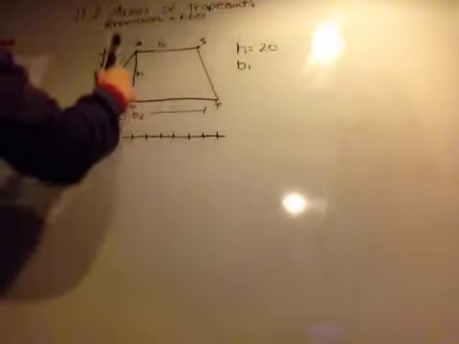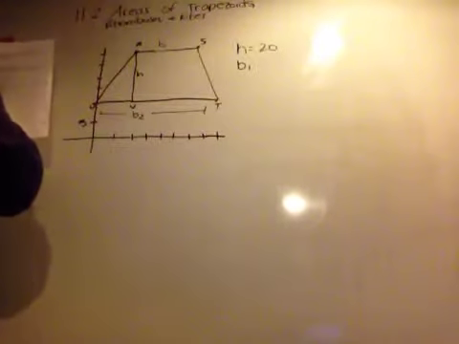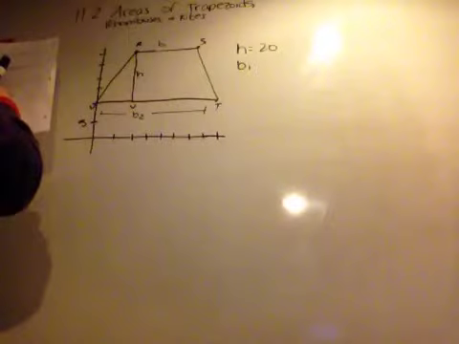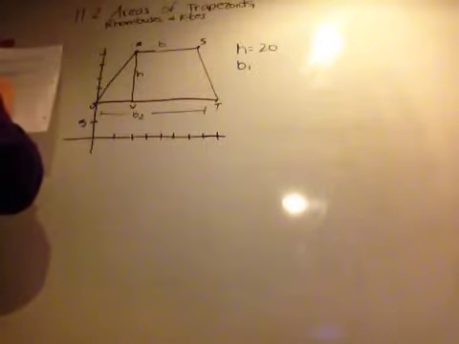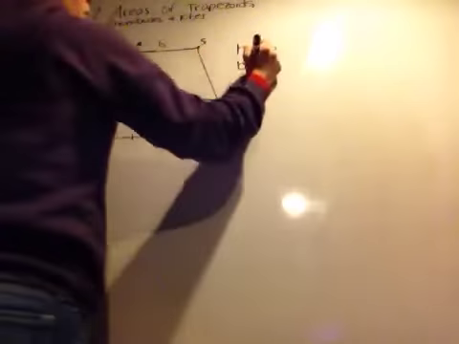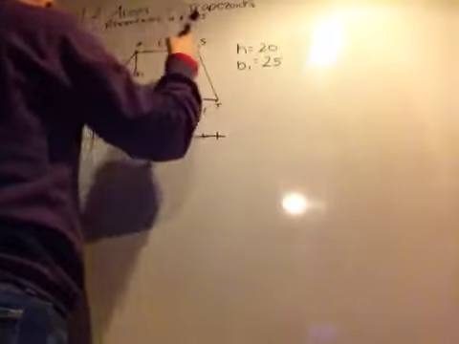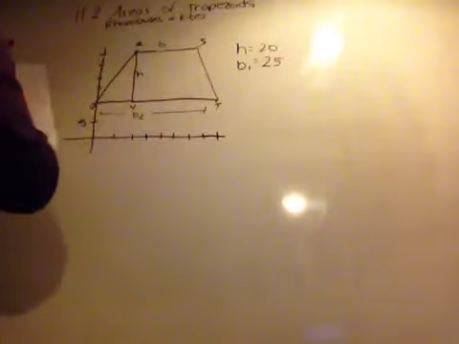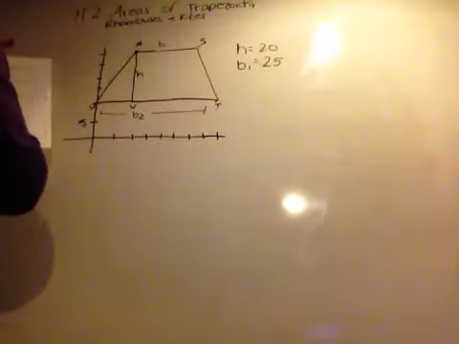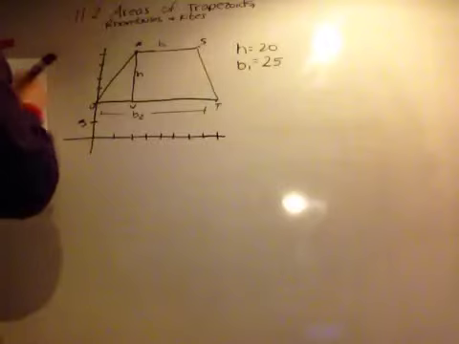Base 1, we're going from 10 over to 35. So we're going to go 5, 10, 15, 20, 25 units to go from here to here. And then for base 2, we're going to go 5, 10, 15, 20, 25, 30, 35, 40 units.